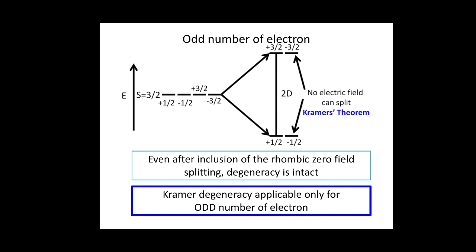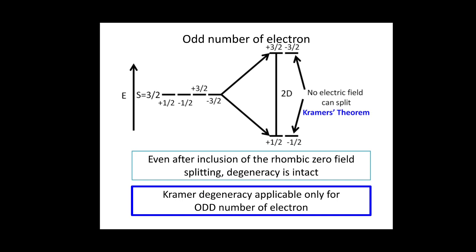But the interesting thing is that here I can use the term Kramer's degeneracy, because whatever distortion I do, whatever E term I include, even after inclusion of the E term, I cannot split these two energy levels. So this is the power of the Kramer theorem.